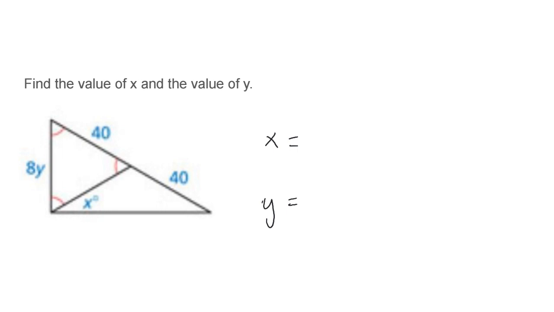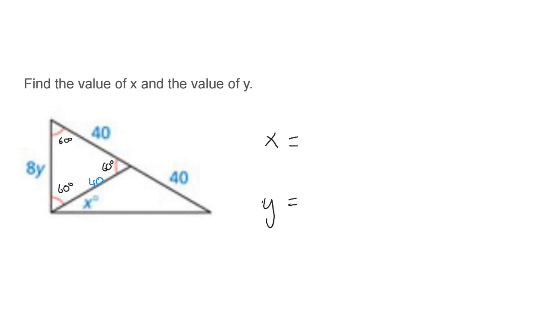So I look at this one over here on the left and I say, oh yeah, that's definitely an equilateral. All the angles are the same. All the angles are 60 degrees. So if it's equilateral, that means this side length is also 40. So then I see that if these sides are the same, I'm dealing with an isosceles triangle.